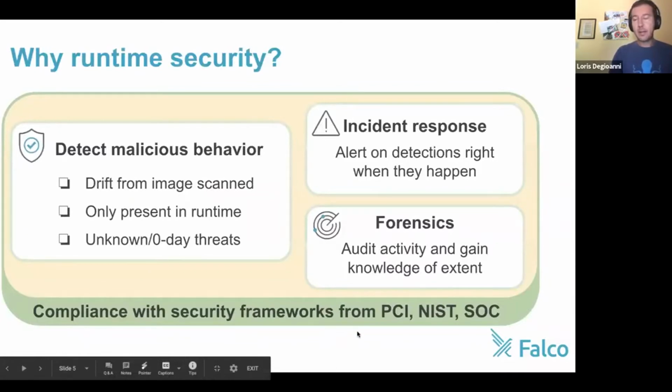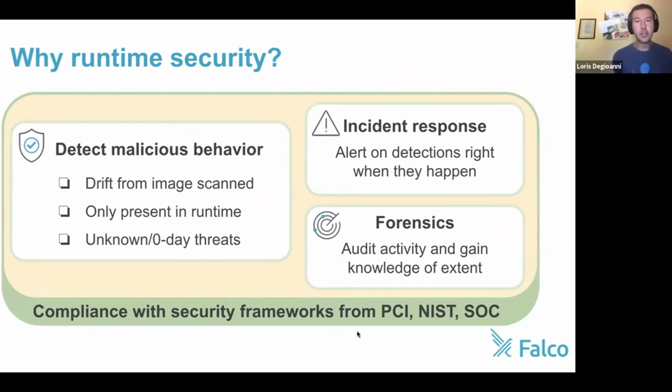Let's start by what is runtime security and why we need it. So runtime security means being able to observe and protect your software, your containers, your applications as they run. They run in development or test environments, or they run, even more importantly, in production.